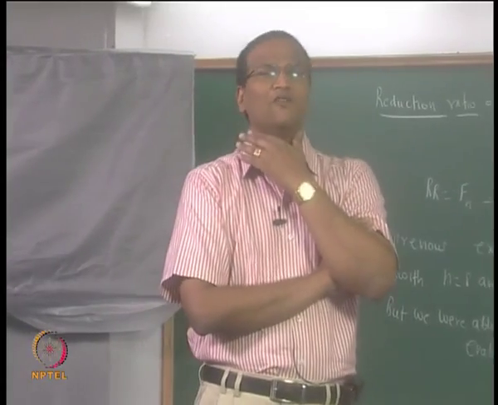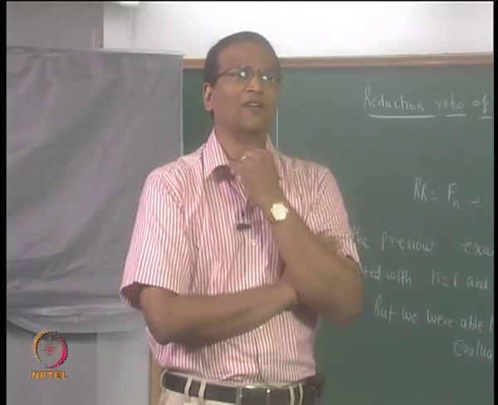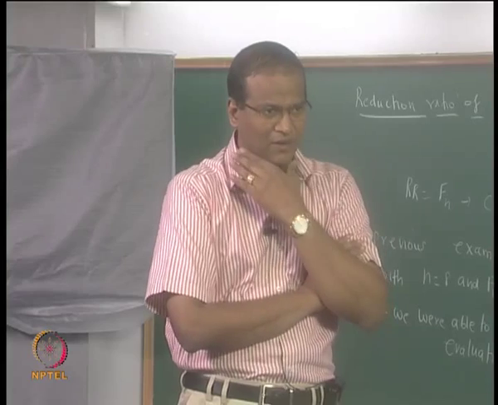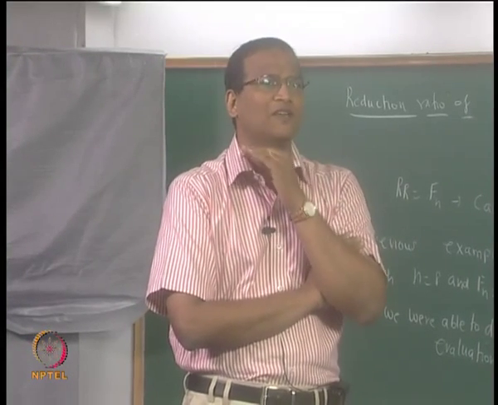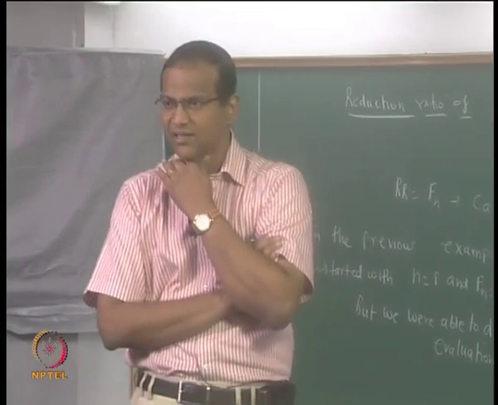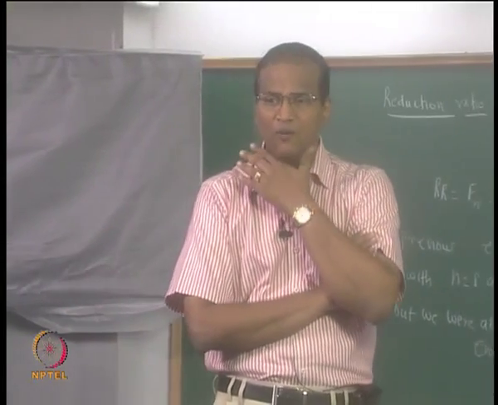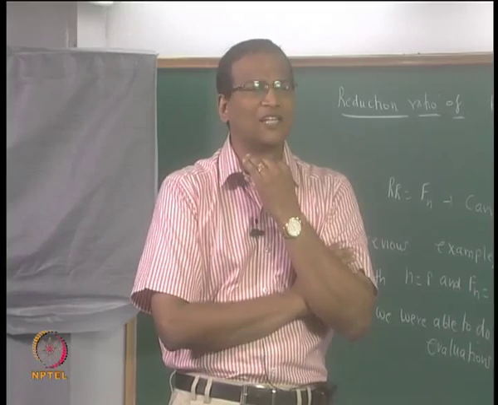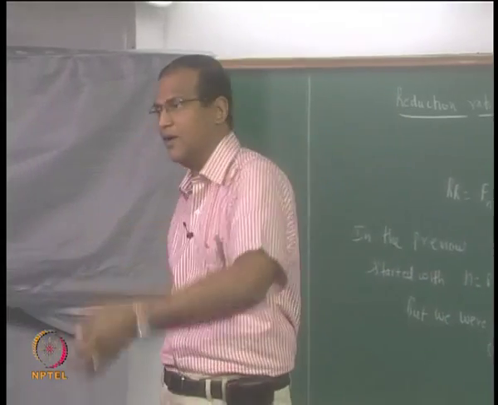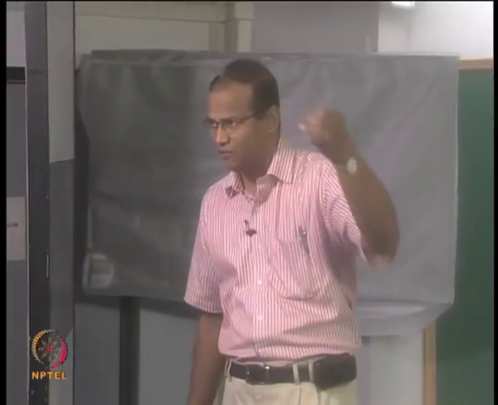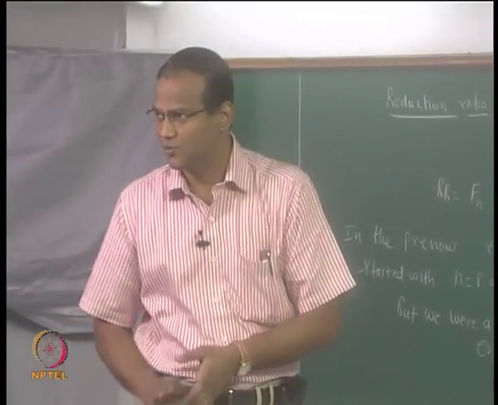So can we think of some method which enjoys all the advantages of the Fibonacci search method, at the same time we have the same interval reduction? That is, whatever be the percentage of reduction in the interval of uncertainty when you go from I0 to I1, it is exactly the same as what you would get from I1 to I2 and I2 to I3 and so on.